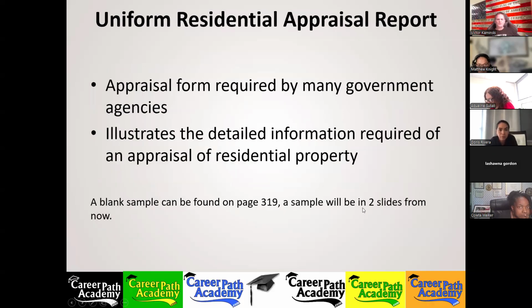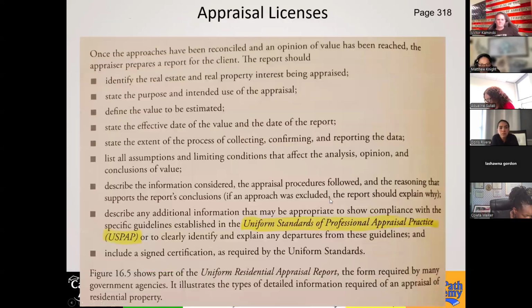Okay, so the form that appraisers use is called the Uniform Residential Appraisal Report. Appraisers have to follow their code of ethics like we do. They call theirs USPAP, the Uniform Standards of Professional Appraisal Practice.